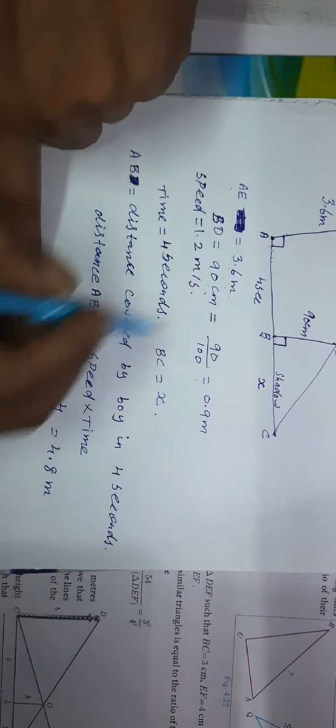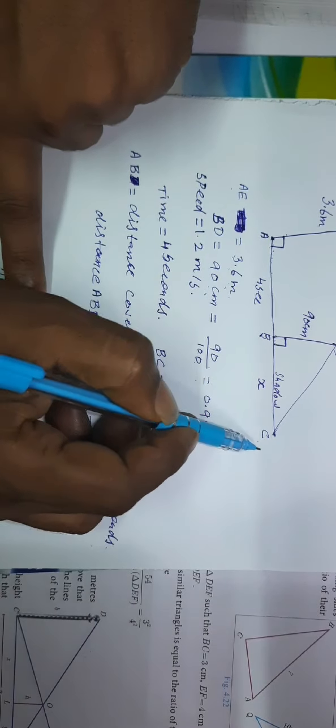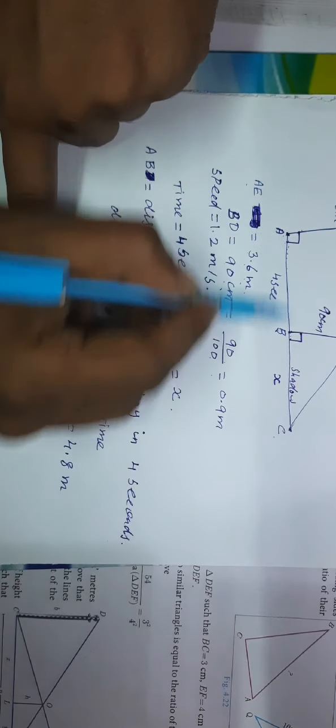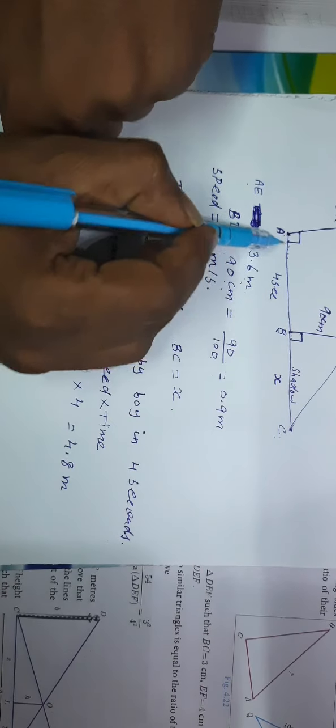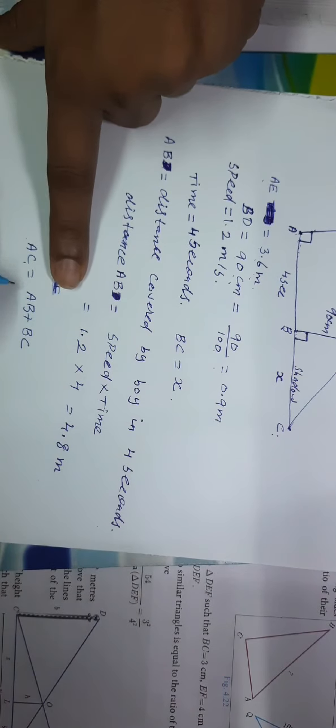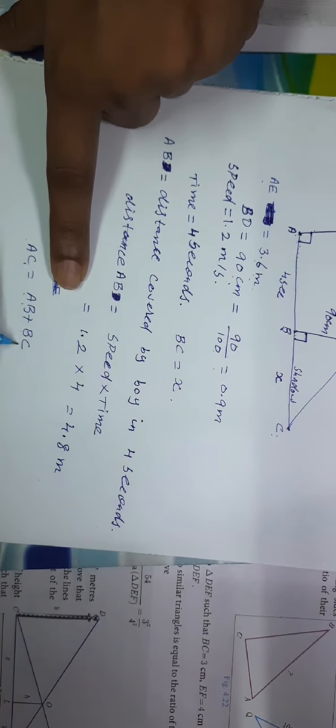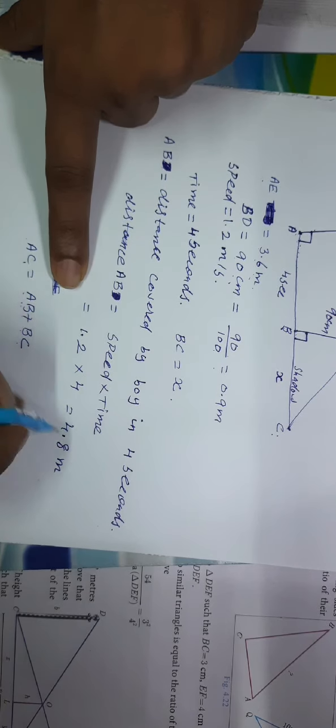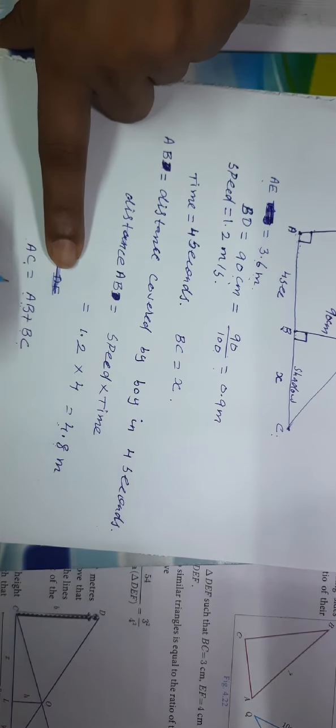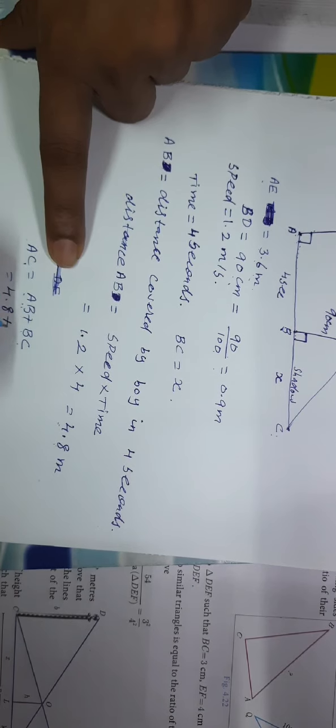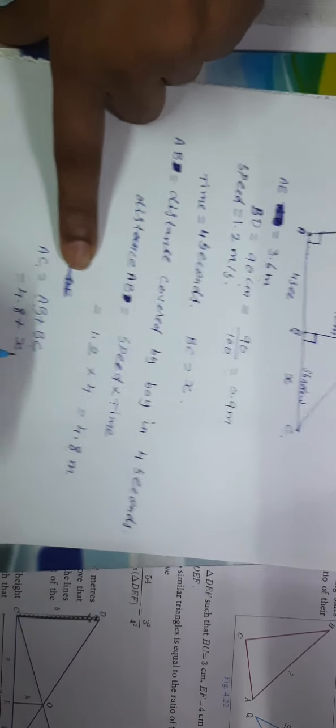Then next we want to find AC. We can write AC is equal to AB plus BC, right? Here AB is equal to 4.8 and BC is equal to x.